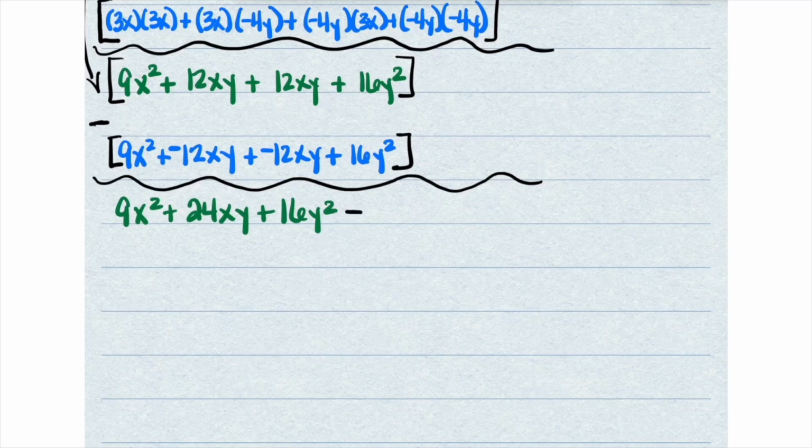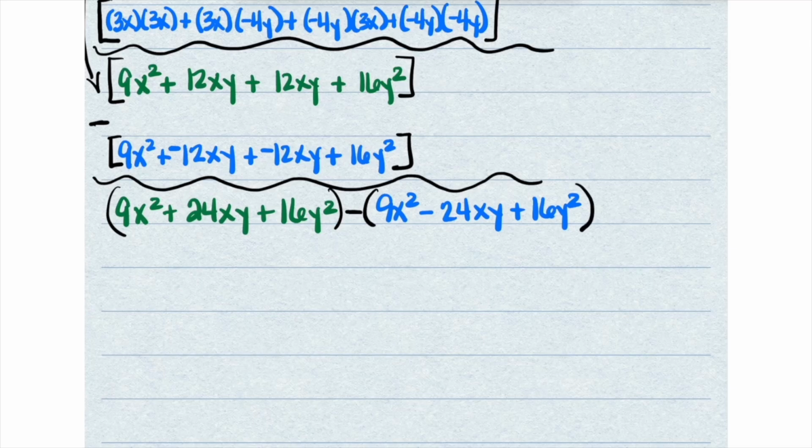Minus 9x squared minus 24xy, because a minus 12 and a minus 12. And then you're going to have plus 16y squared.